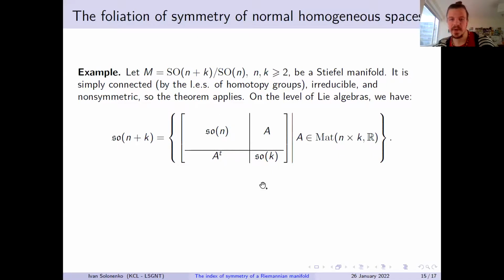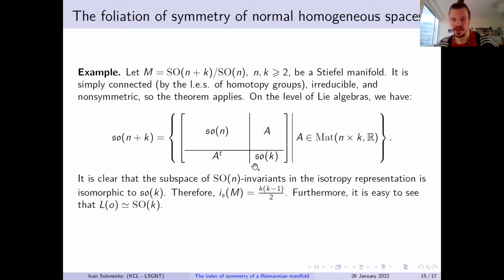It acts by the adjoint representation on this space of symmetric matrices where you have 0 here, 0 here, A here, and A^T here. And it acts trivially, of course, by how you multiply matrices, on this so(k) block. So the subspace of isotropy invariants is precisely this so(k) block.